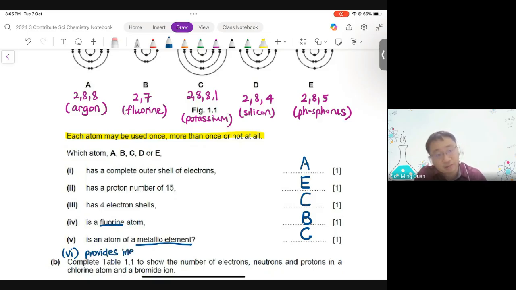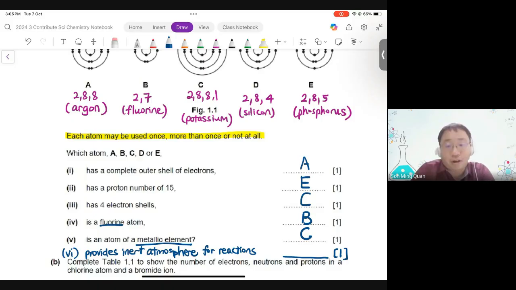Okay, I hope you can see my screen. So which one provides an inert atmosphere for reactions to happen? Okay, of course, after finishing copying, I think the answer is quite obvious, right?